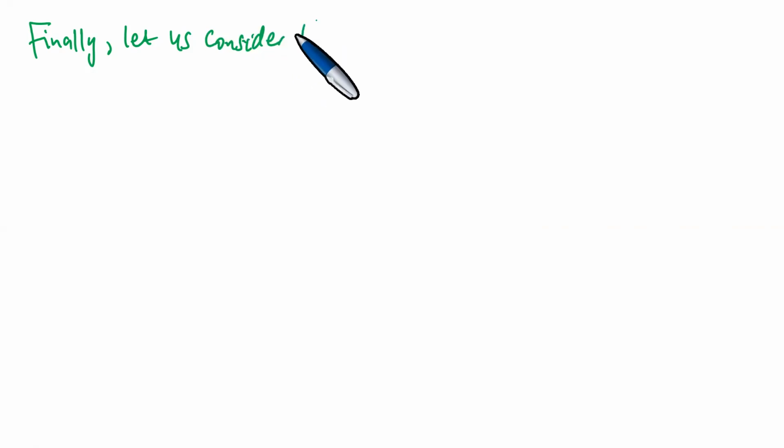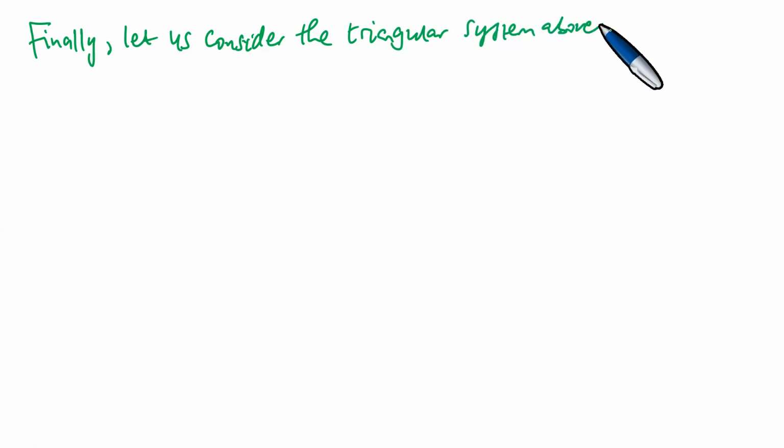Now I'll just mention this in conclusion. Finally, let us consider the triangular systems above. Obviously, we have a triangular system where the D operator acts on x and where the D operator acts on y.